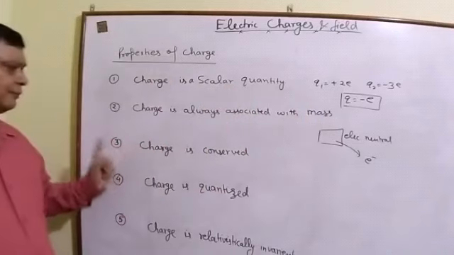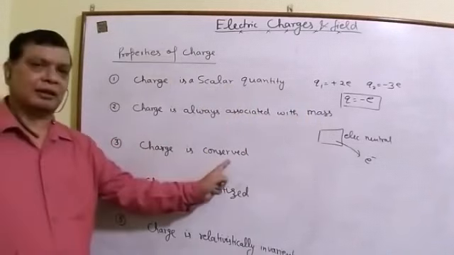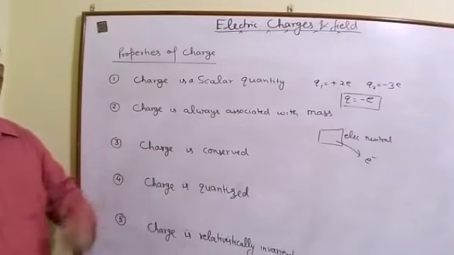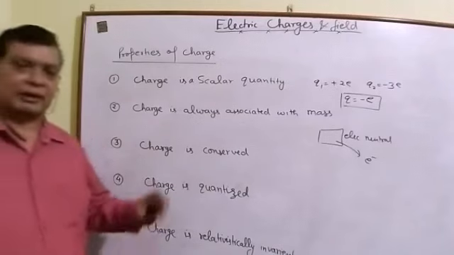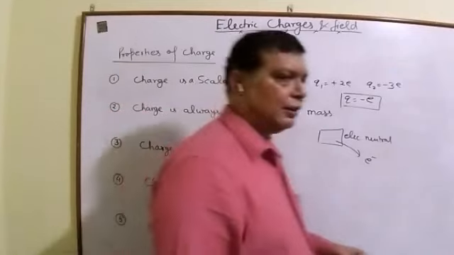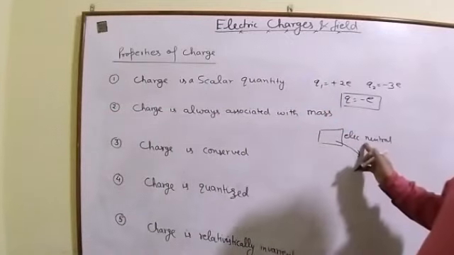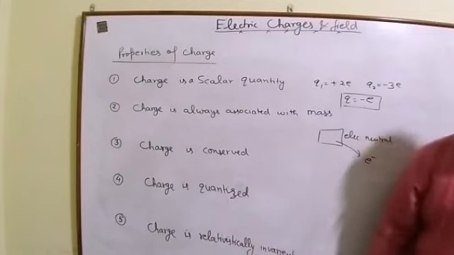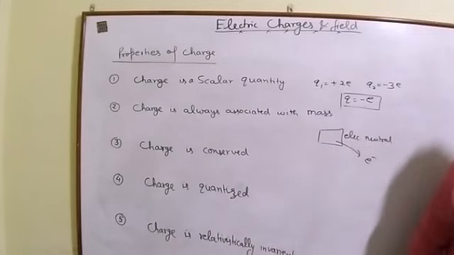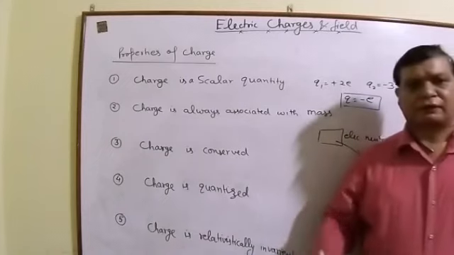Next property is the charge is conserved, or you can say the conservation of the charge. Means the charge neither be created nor can be destroyed. Any electrical neutral body, it can acquire charge only just because of transference of electrons.